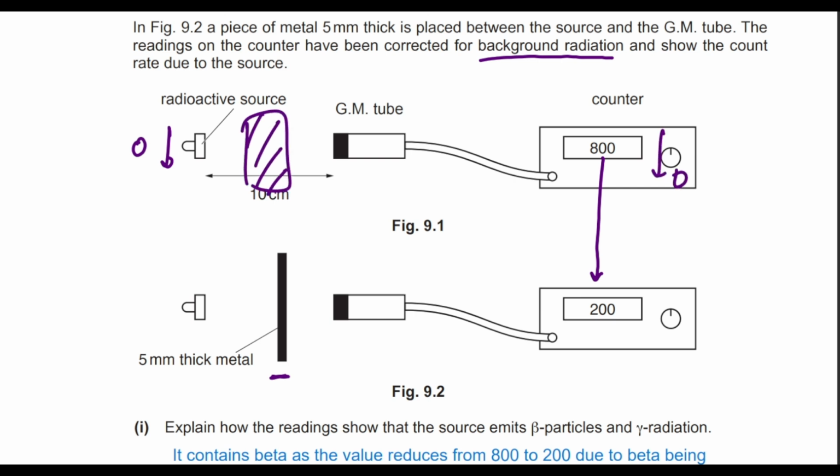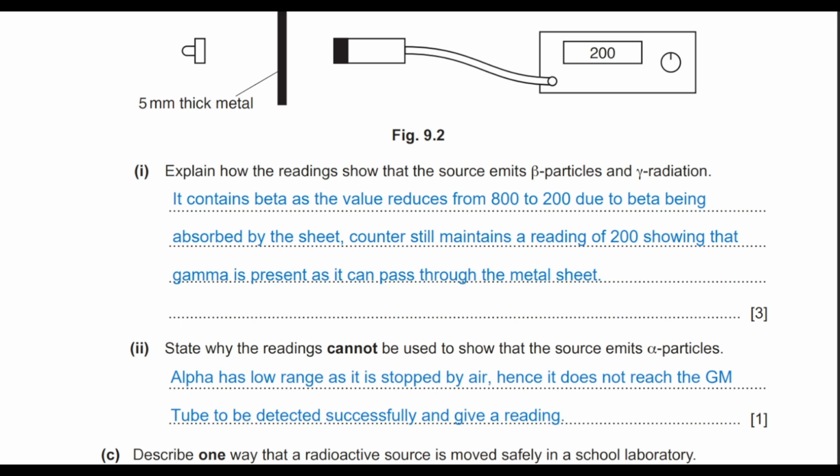So for the sake of this question, we don't have to think about the background radiation because it has been corrected for, which means that if it hadn't been corrected for, then this would have been reading 820 or 830, because we know that the background radiation from memory is generally 20 to 30, right? Not a fixed value, it depends on the area, whether you're closer to the radiation source or not. So this is just a commentary before starting the question.